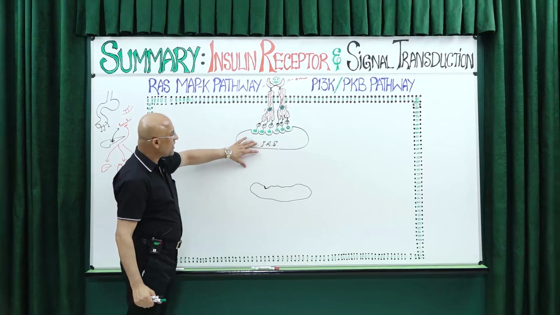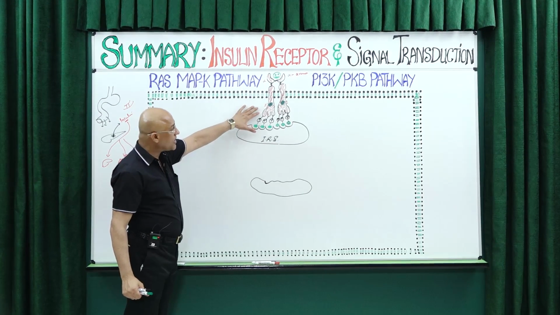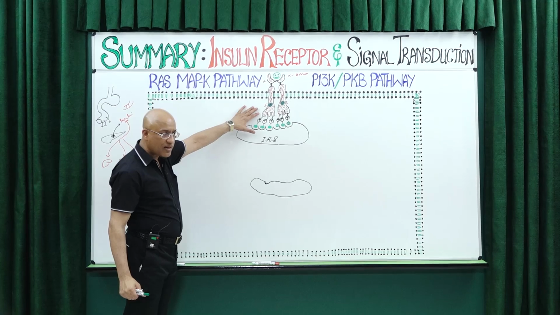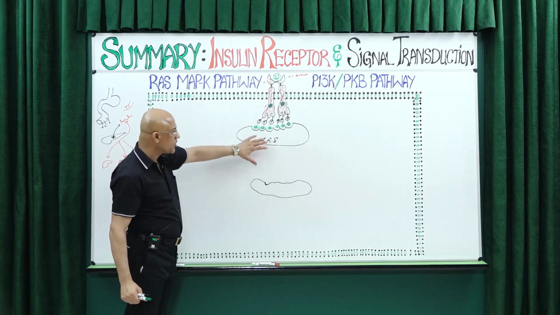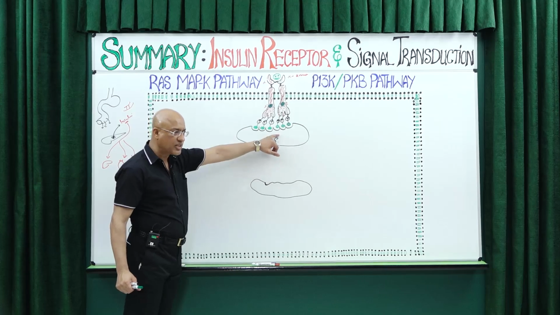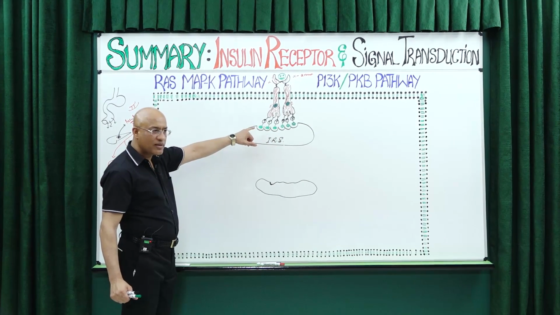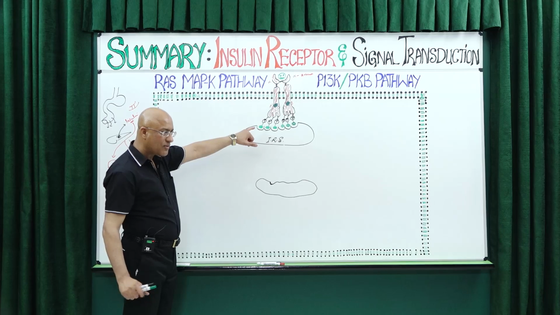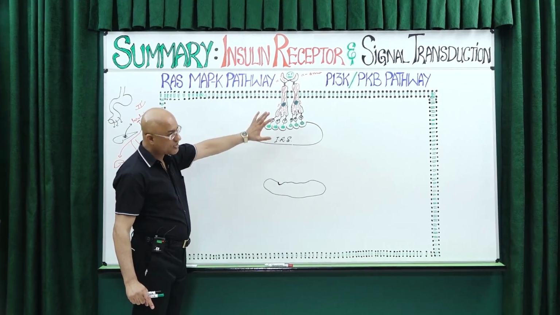But I'm just mentioning that as soon as the beta components are phosphorylated, the phosphorylated component will attract and recruit insulin receptor substrates. These substrates will bind with these phosphorylated tyrosine residues of the beta subunit.